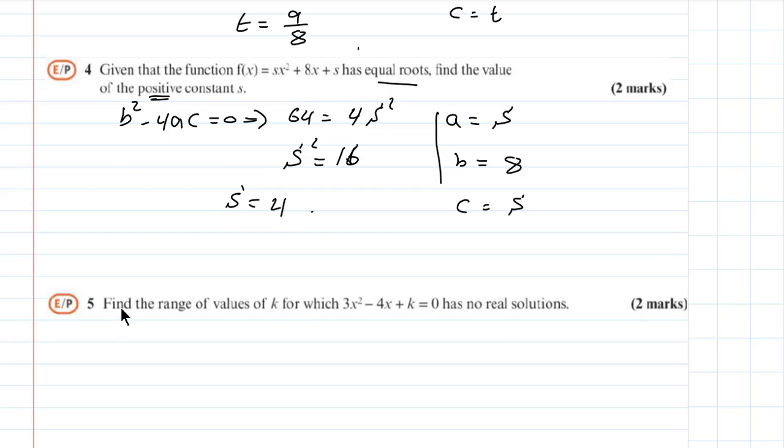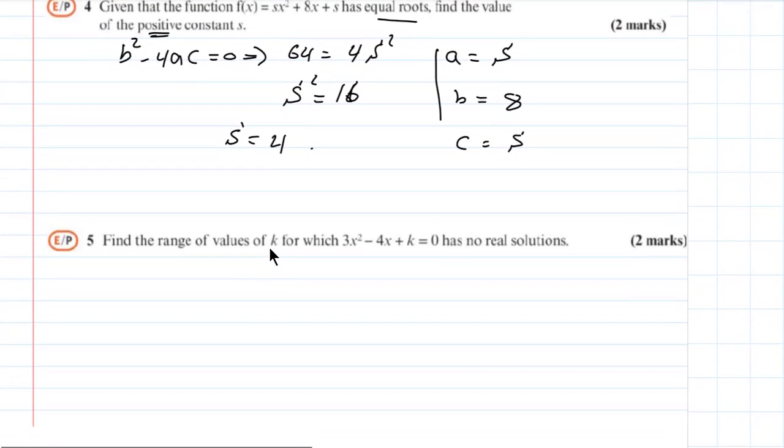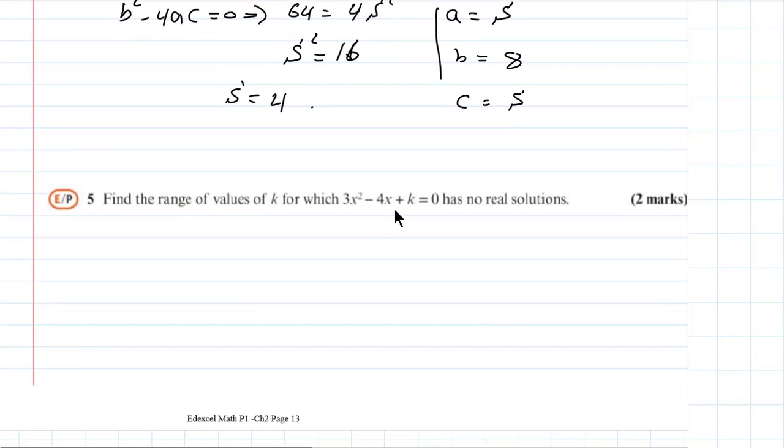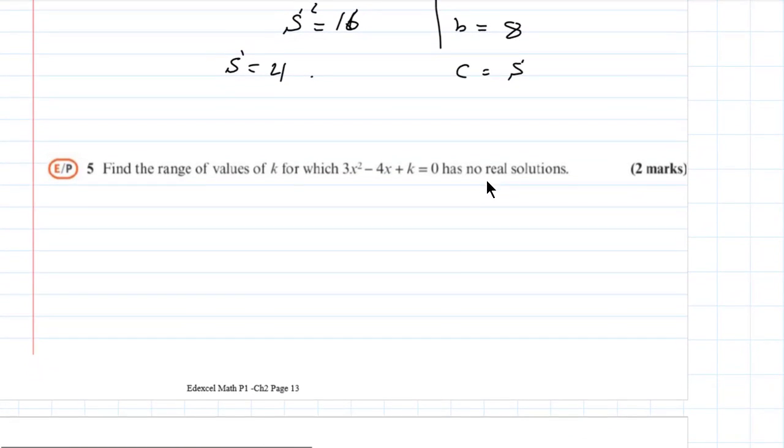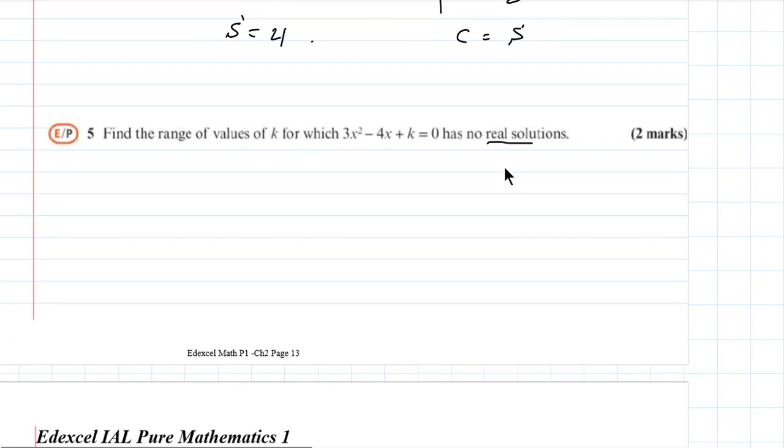Question 5. Find the range of values of k for which 3x squared minus 4x plus k equals 0 has no real solutions. Okay, the same scenario here also. A is 3, b is negative 4, and c is k.